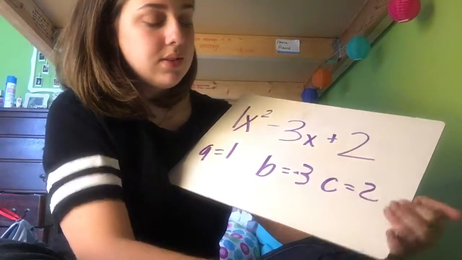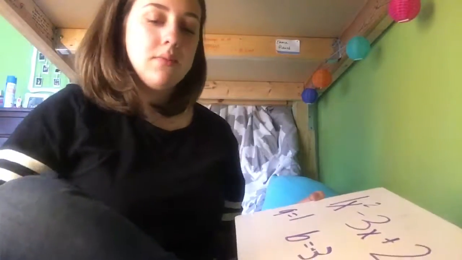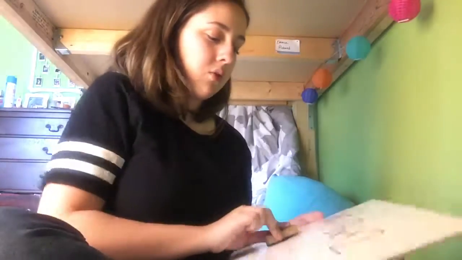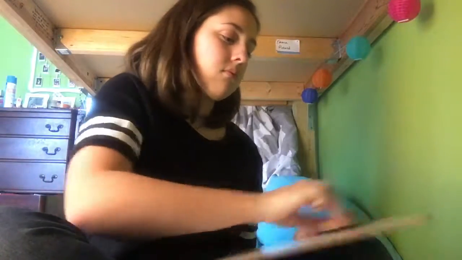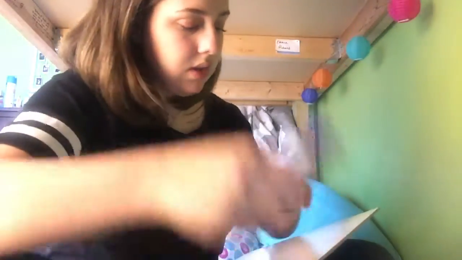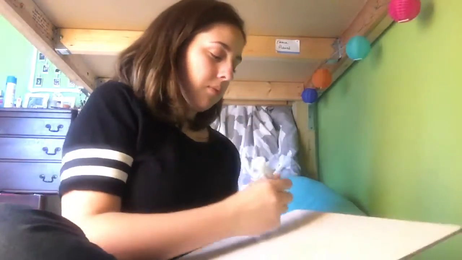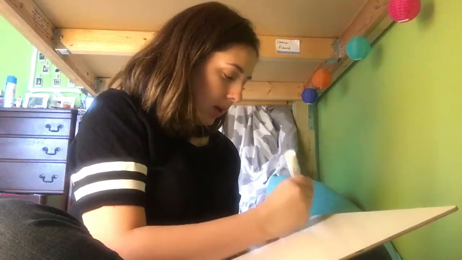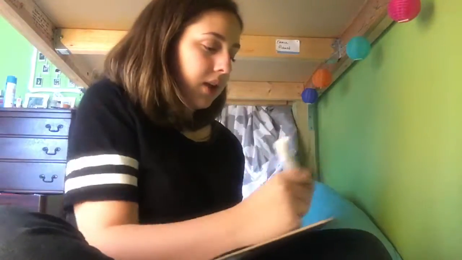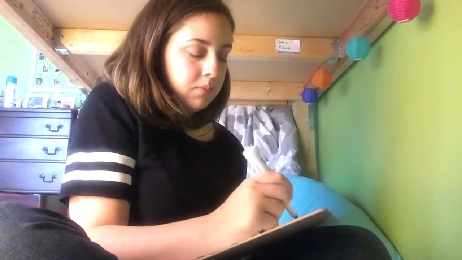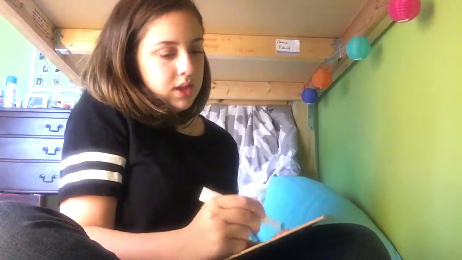Now sometimes our a won't be 1, or we won't have a b or a c. So, for example, we can have x squared minus 4, or we can have x squared plus 7x.